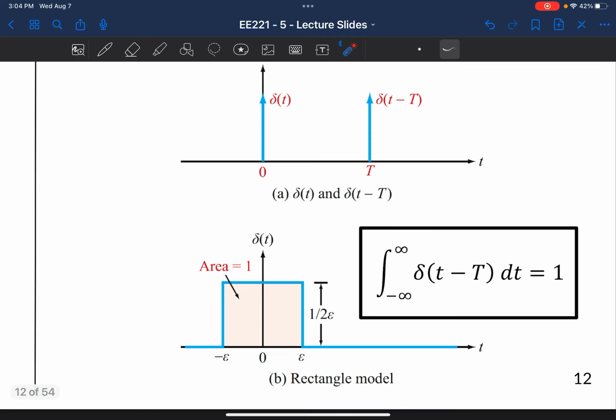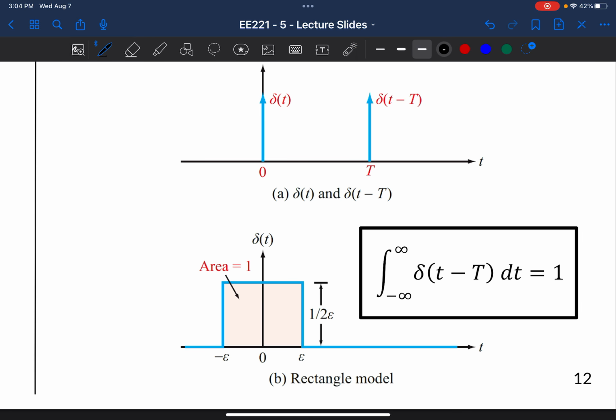It says I can take this spike, which has a height of infinity and a width of basically 0, and look at it as a rectangle that has some width. This width is 2 times epsilon, and the height is 1 over 2 times epsilon.